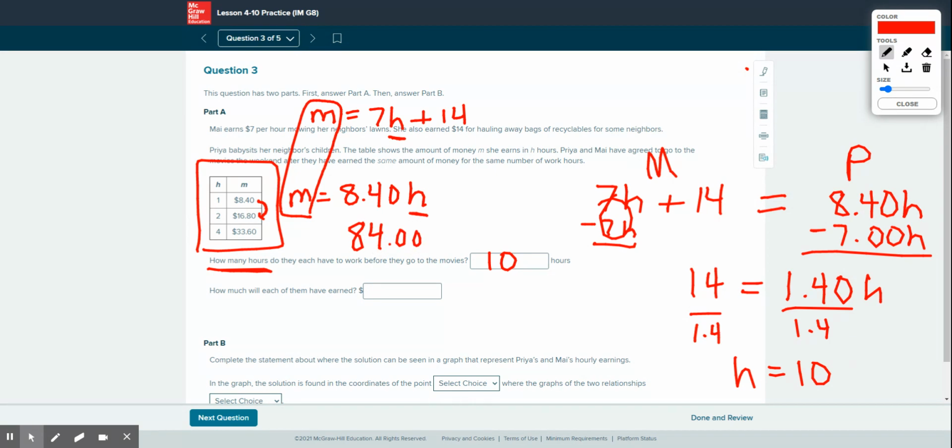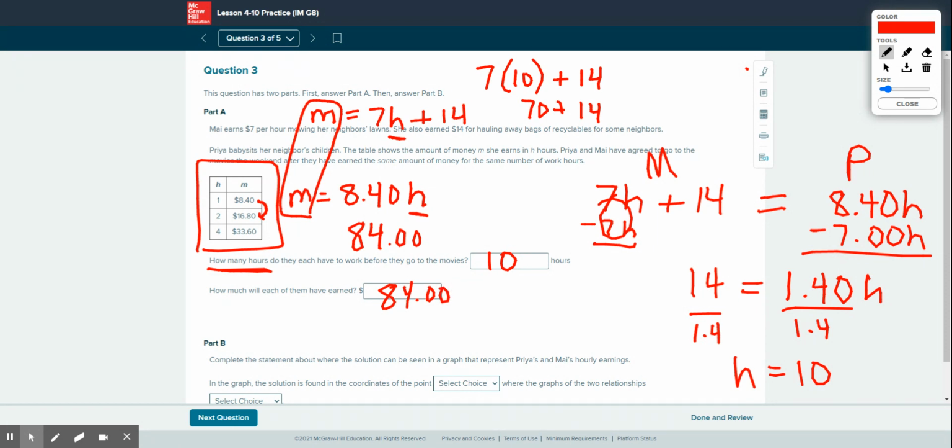I want to make sure that May has the same amount. So 7 times 10 plus the $14 that she earned makes 70 plus 14, which is also 84. So I know that they've earned $84 together.